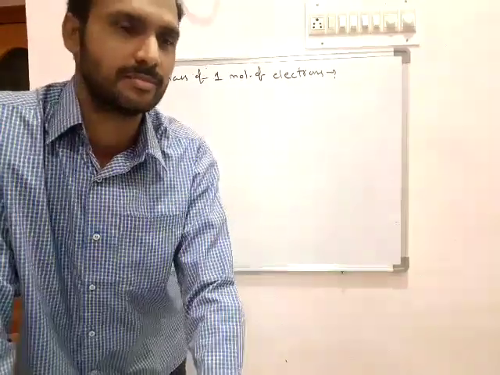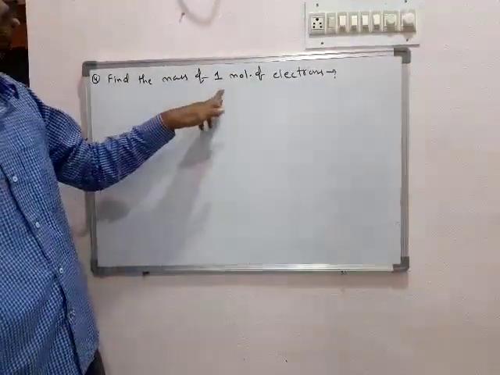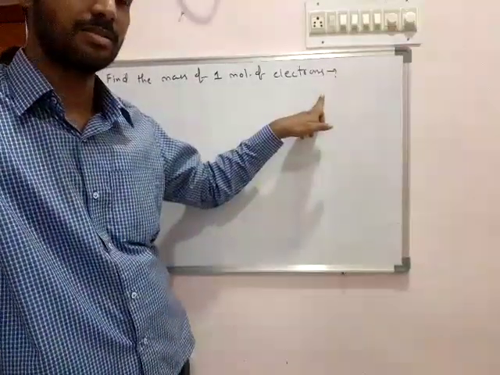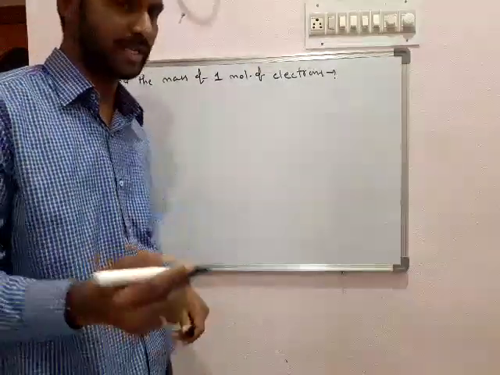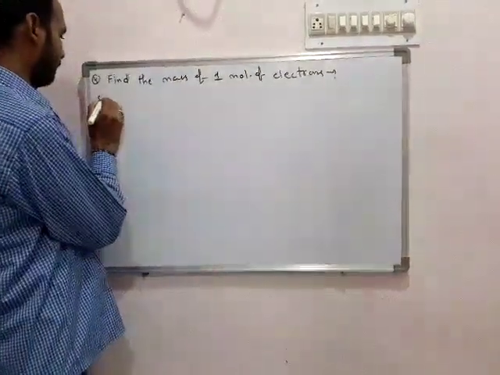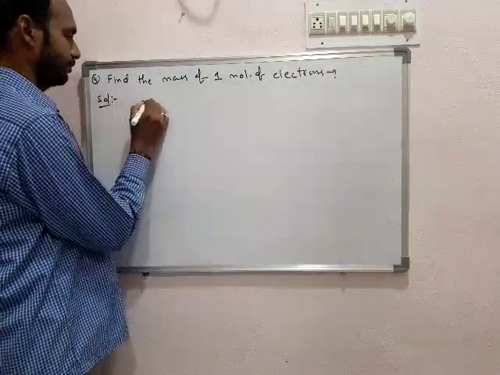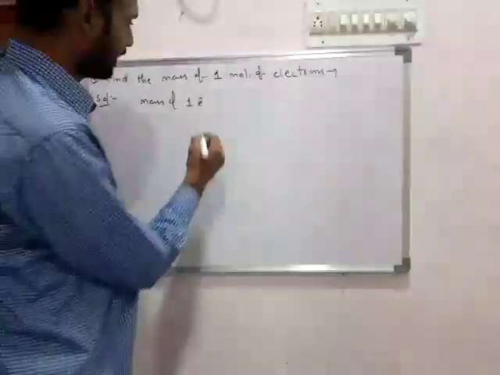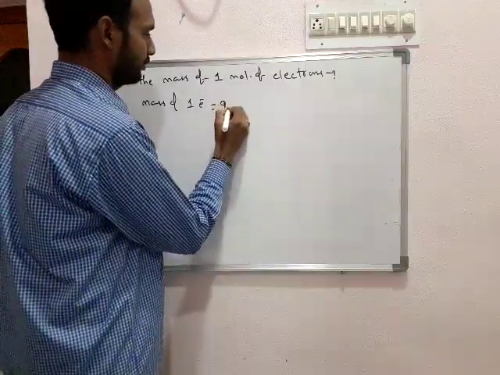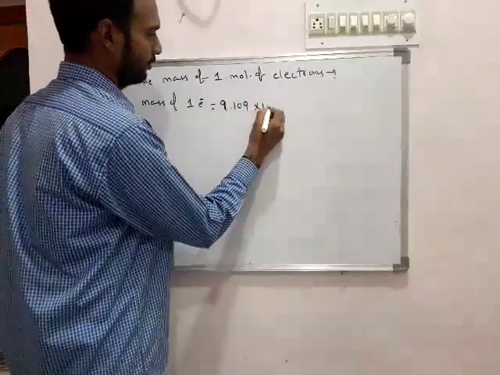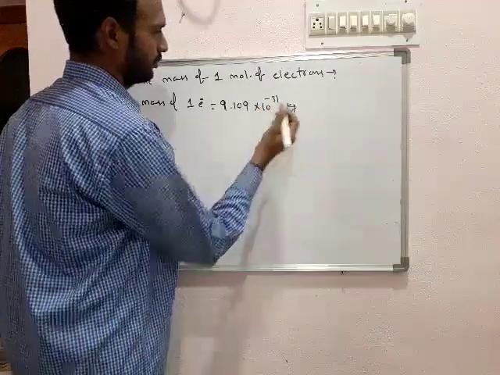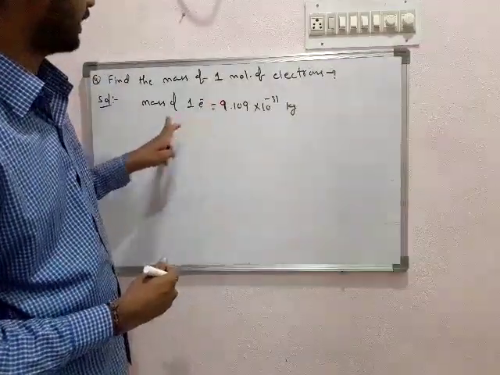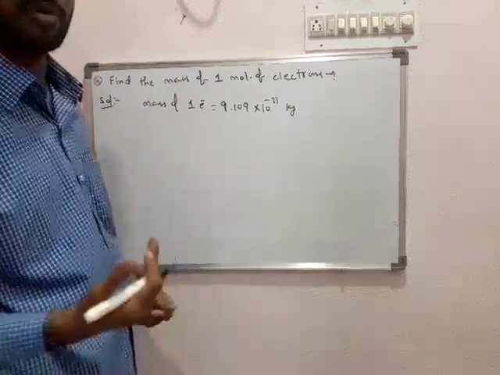So next one, find the mass of 1 mole of electrons. Already we know the mass of 1 electron. Simply we need to calculate the required mass of 1 mole of electrons.